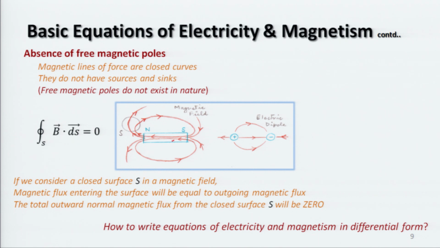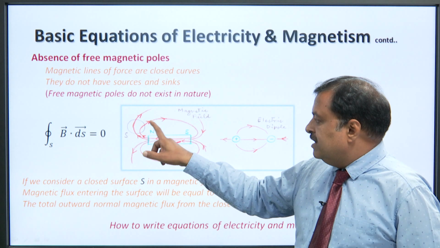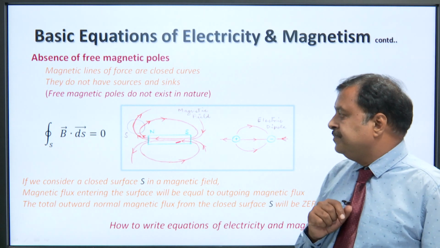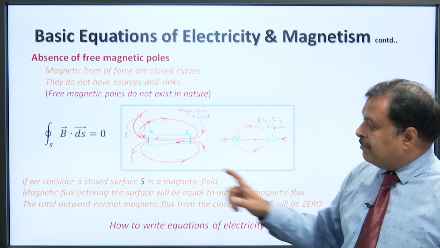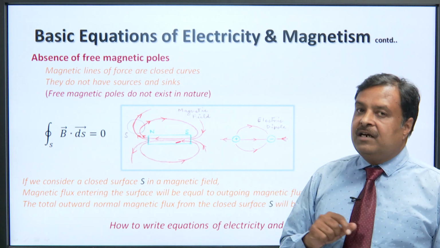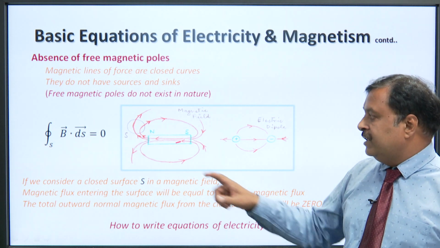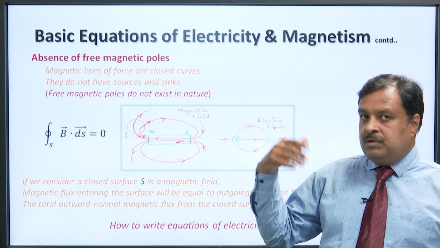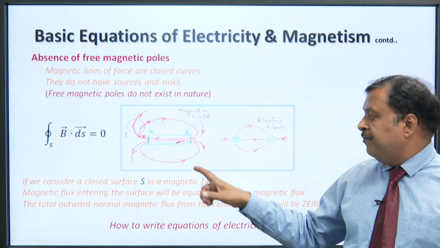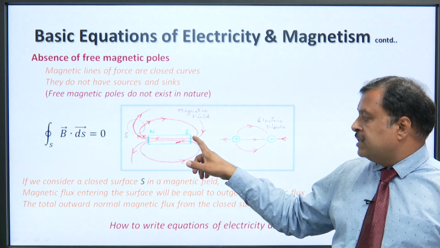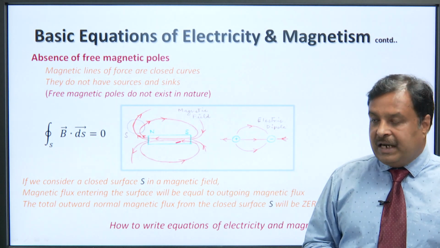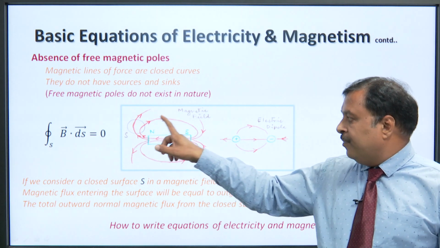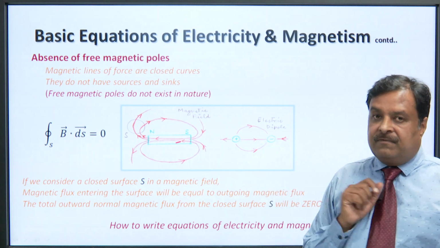See this magnet. These magnetic field lines show the direction of the magnetic field. You take this direction of magnetic field from north to south outside the magnet, while it is from south to north inside the magnet. Magnetic field line is a closed curve.